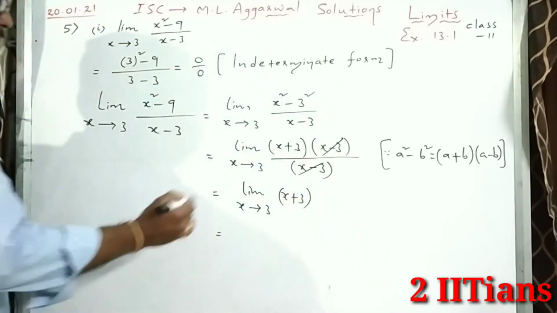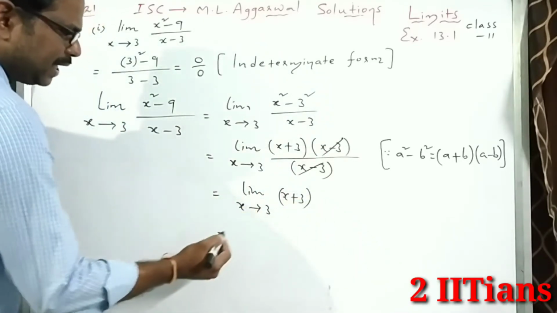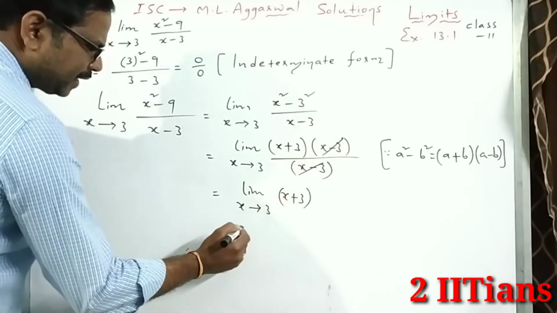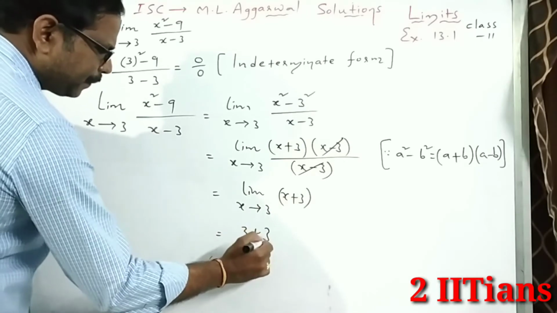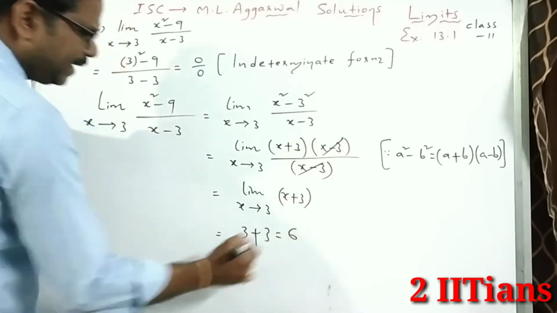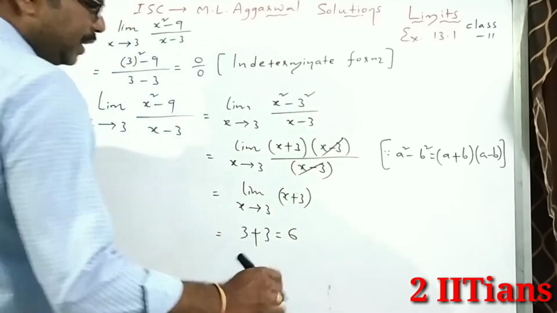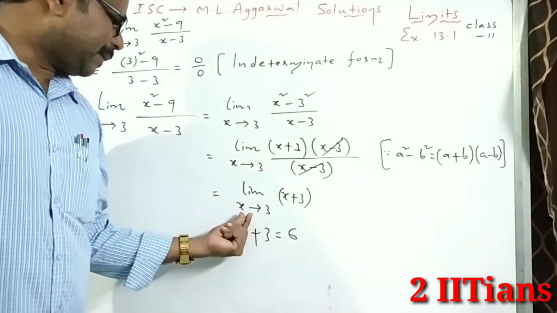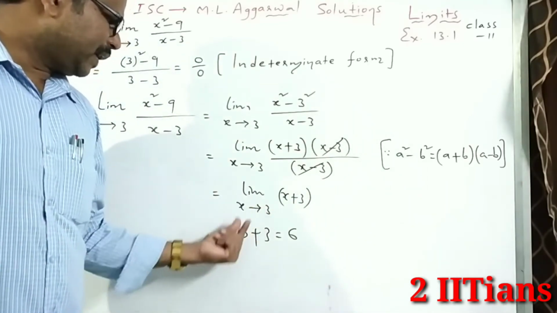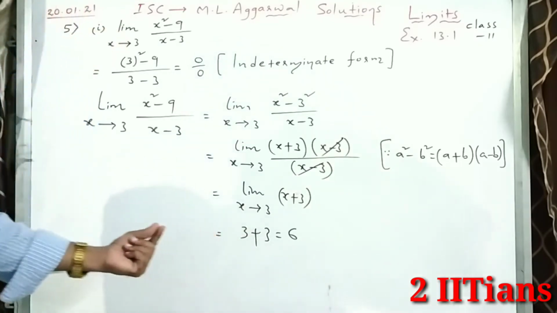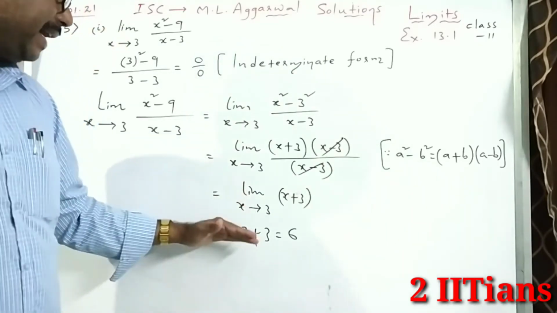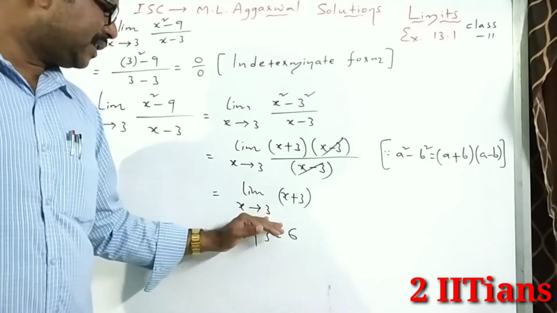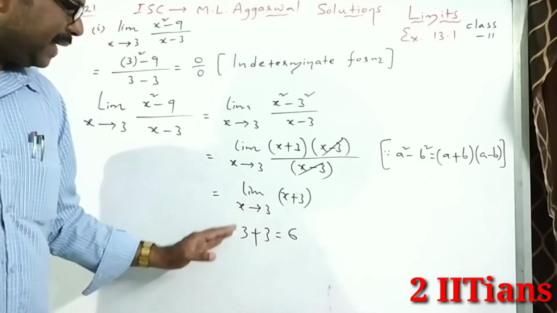Now I am going to substitute the limit value. X tends to 3, so in the place of x put 3. 3 plus 3 is 6. You have to remember one thing here: whenever we substitute the limit value, we should not write the limit again.